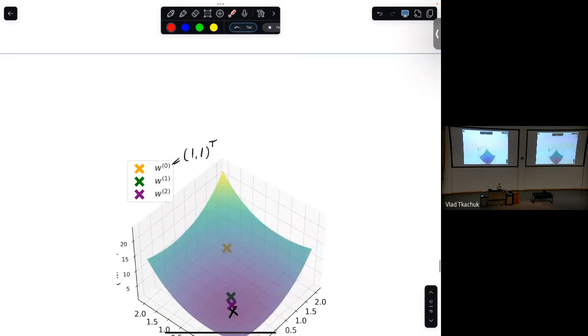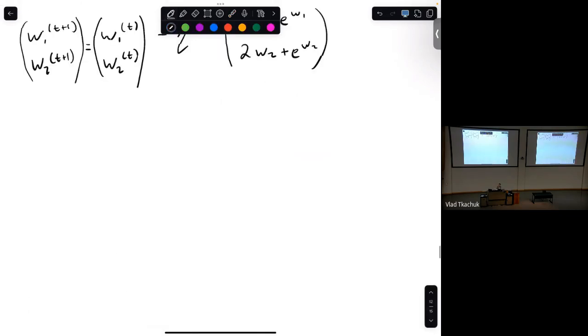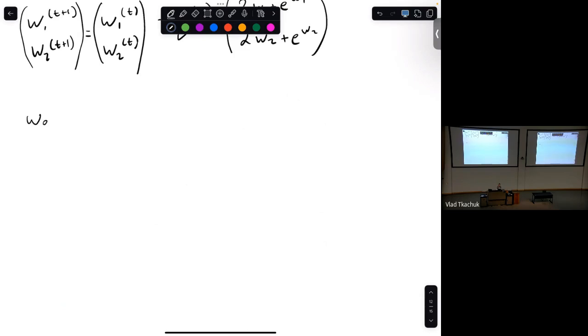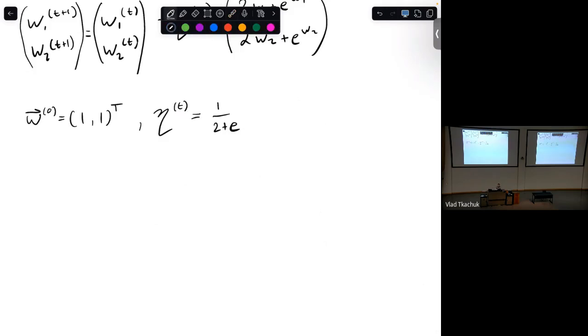And the step size that was used, okay, W0 equals 1, 1. And the step size I used for all time steps, so I'm just going to put for all t, was equal to 1 over 2 plus e. That's just a constant number that I used for all values of t. I didn't even change it with time.